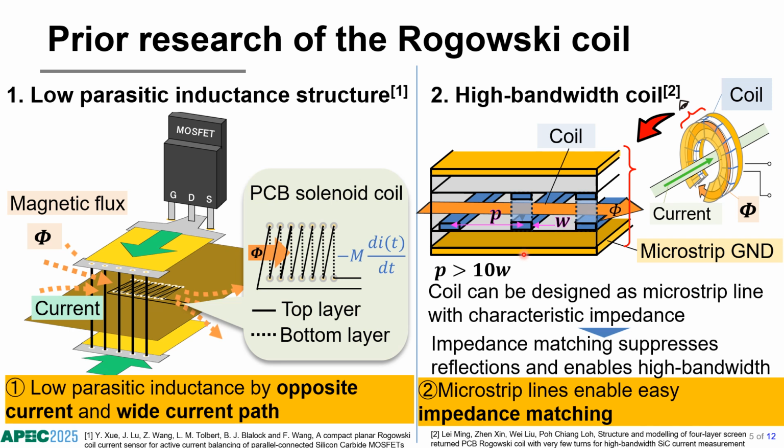And it is reported that the pitch of the coil is 10 times larger than the coil line width. So the coil can be designed as a microstrip line with characteristic impedance. So impedance matching can suppress power reflection at high frequency and enable high bandwidth.